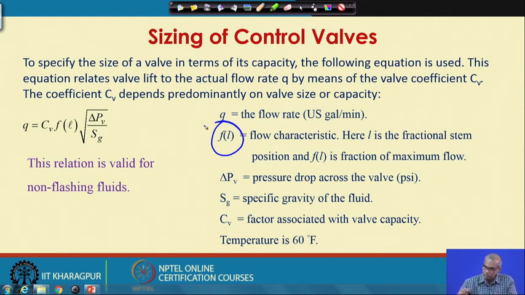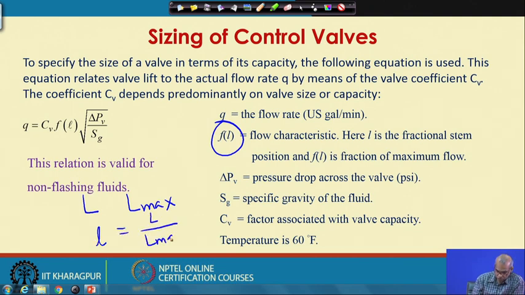If L is the stem position and L max is the maximum stem position, then small l, the fractional stem position, will be L by L max. The maximum value of small l will be 1.